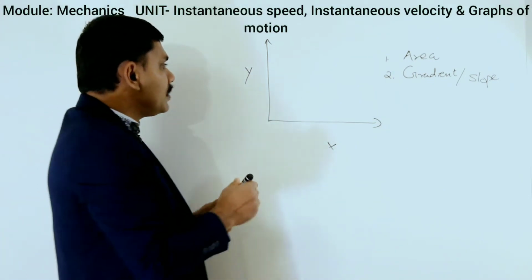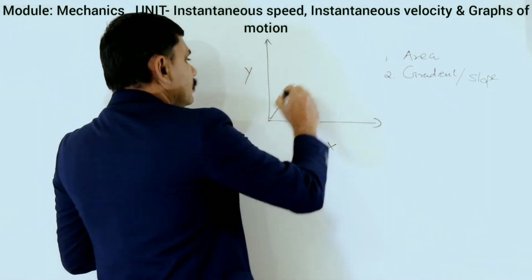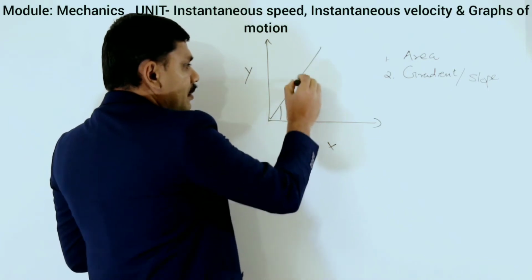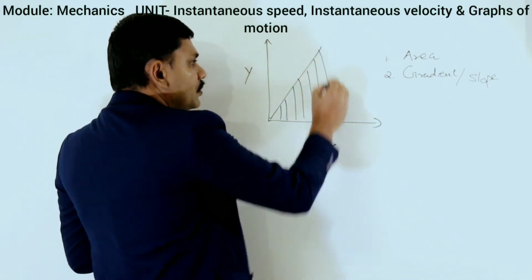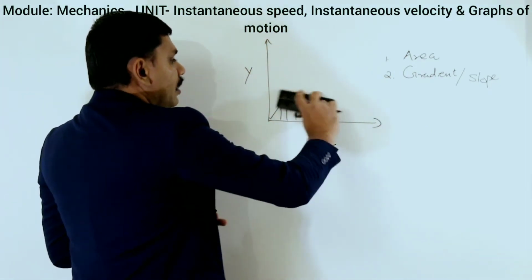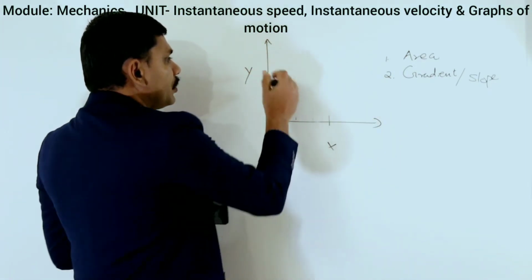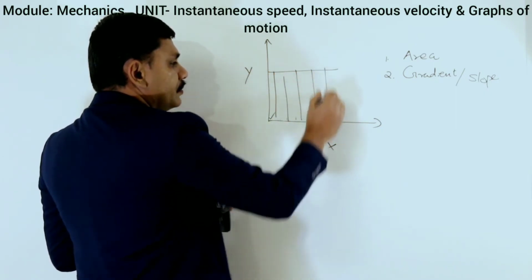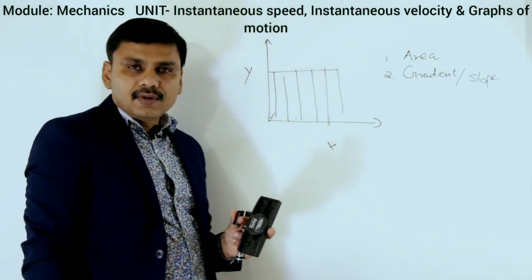If the graph is like this, the area under this graph looks like this. If the graph is a straight line parallel to the x-axis, the area under the graph is like this.